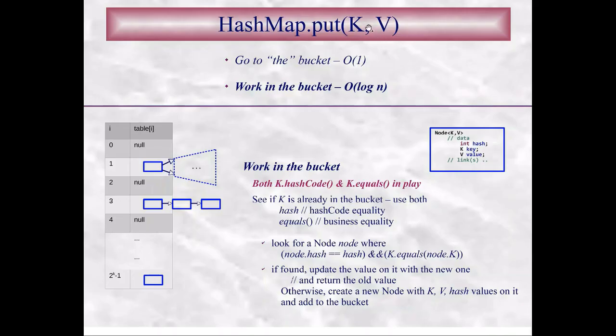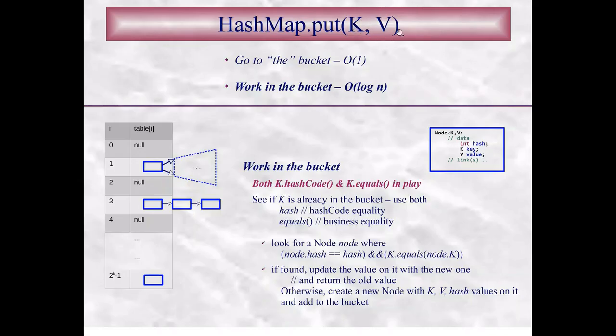So what it does is it looks for the hash of this key in the tree. If it finds a node with the same hash value, it then runs equals on the key, compares the two keys for business equality. If that checks also, then it found the entry.